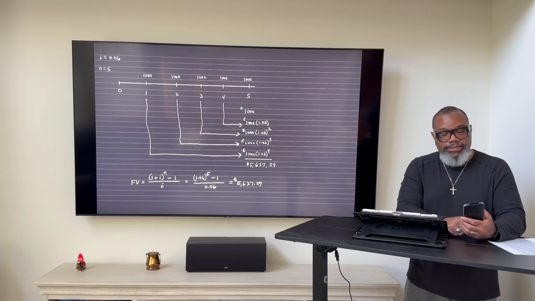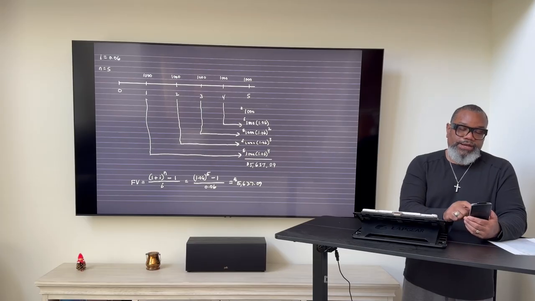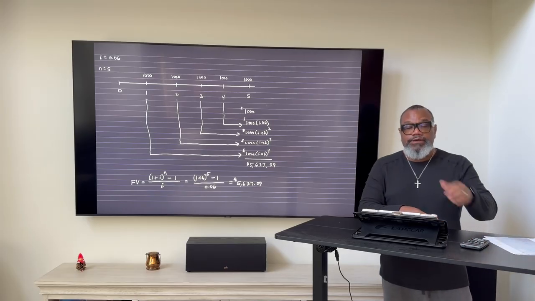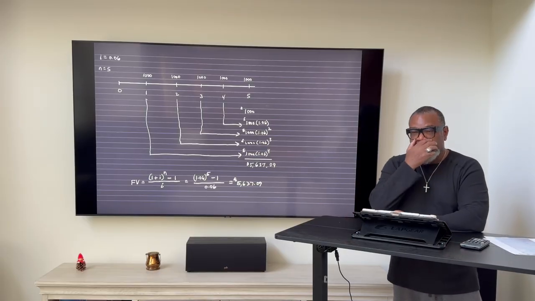So we put that in, and then we're going to hit compute future value. And we get the same thing, $5,637.09. So that's how you can do that using your TVM solver on your financial calculator, and that's probably the way that you would do it on the exam, because it'll save a lot of time, because again, you're not going to have time to add up these payments.